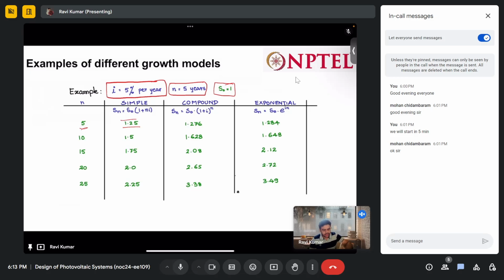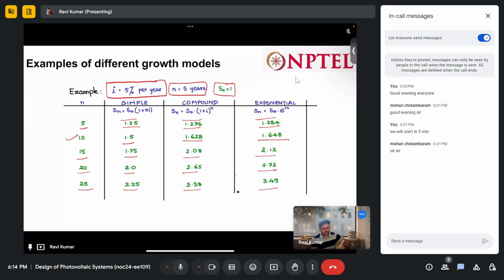In compounding it becomes 1.276, and in exponential it becomes 1.284. Similarly, after 10 years it becomes 1.5, 1.628, and 1.648. After 15 years, 1.75, 2.08, 2.12. After 20 years, 2, 2.65, 2.72. And after 25 years, 2.25, 3.38, 3.49.